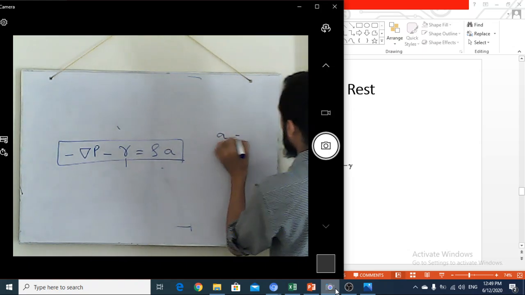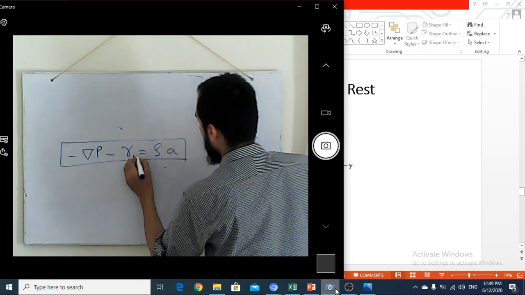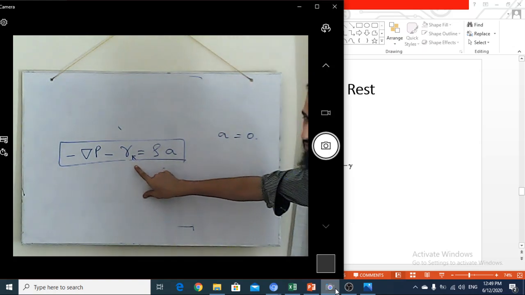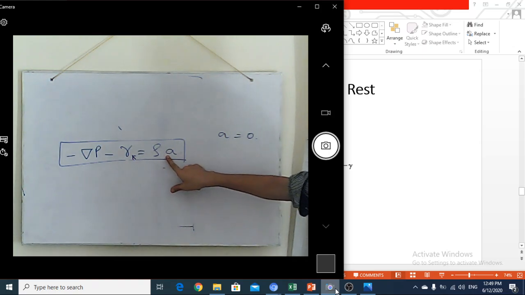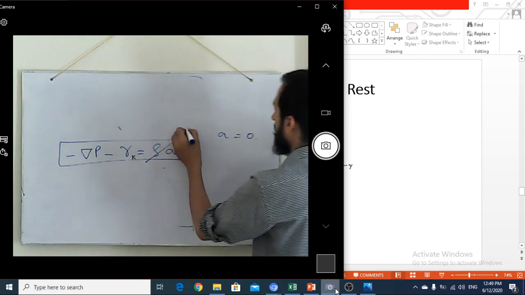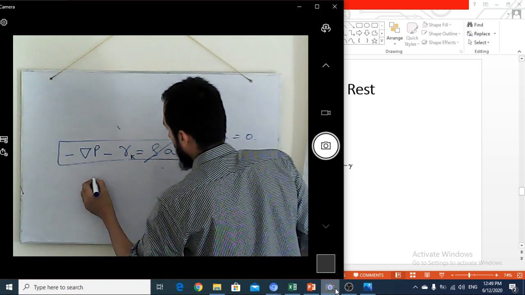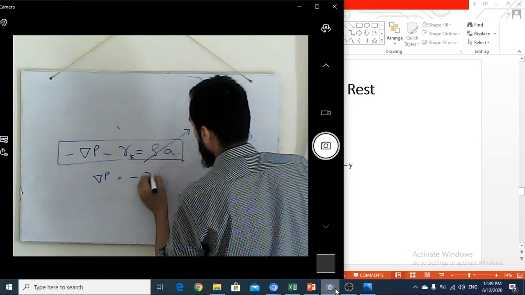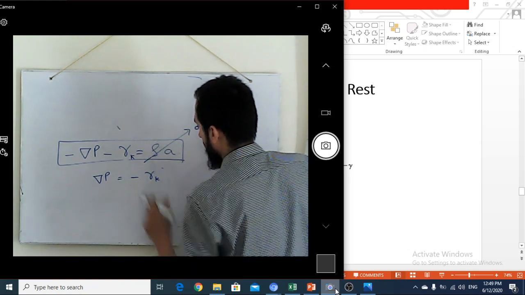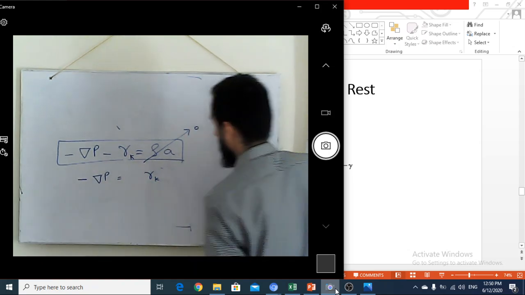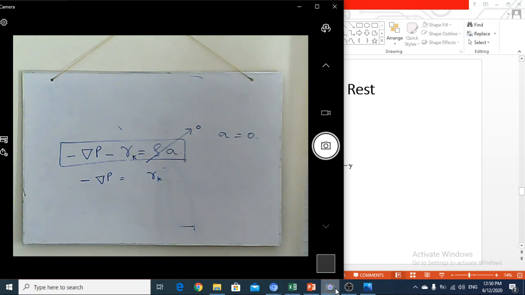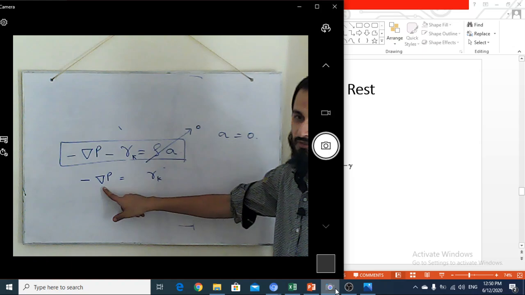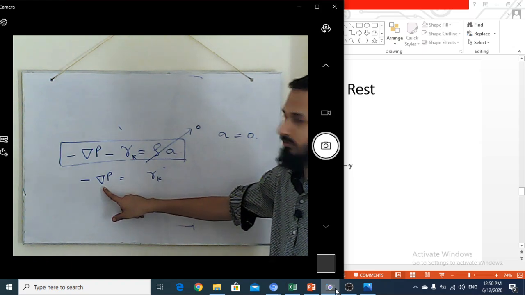So at rest A is equals to 0, and we know that this k is only acting along the z direction. So this complete factor becomes 0, and gradient P is equals to minus specific weight along the k axis, or you can say in this direction. On the other hand, this gradient has an x component as well, y component as well, and z component as well.